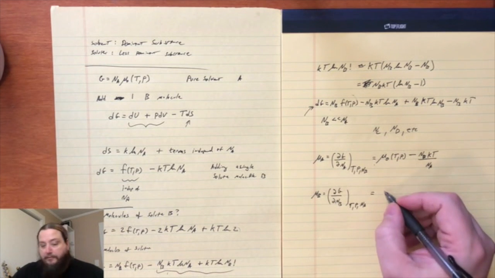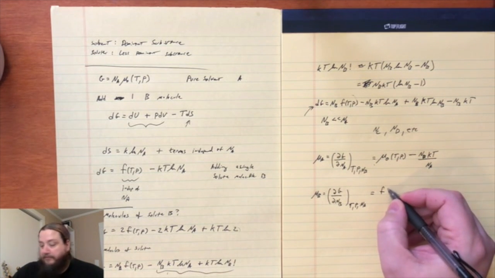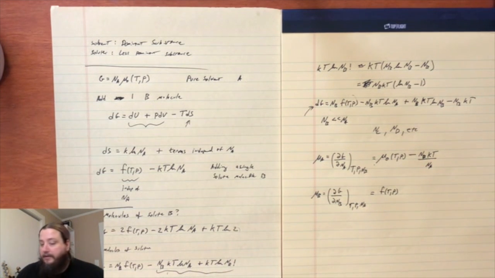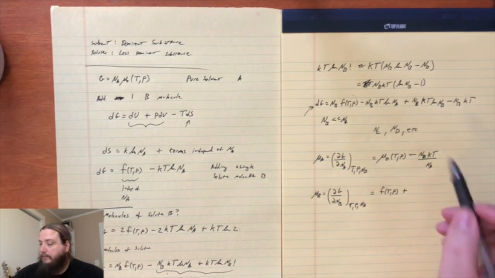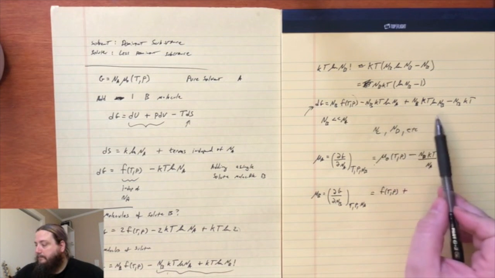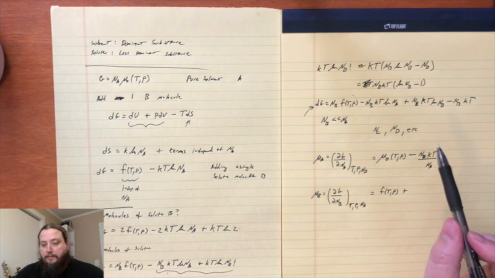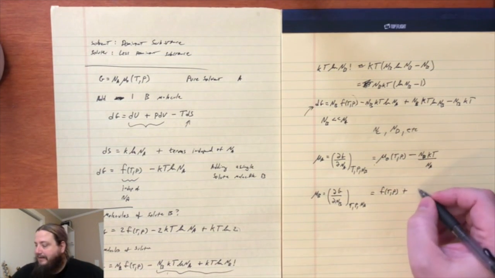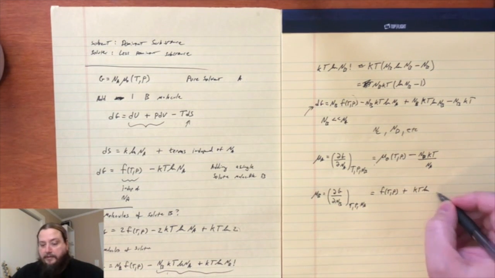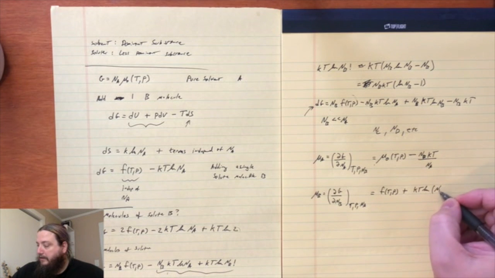This first term just gives us that function, again at this point unknown, of T and P, plus a KT logarithm of NB over NA term.